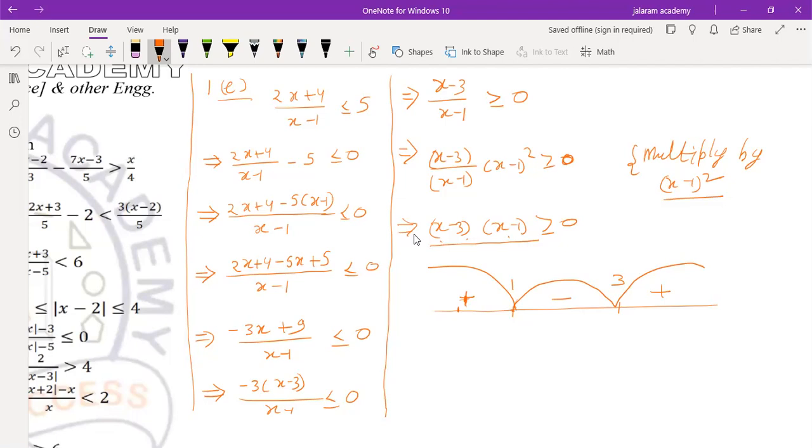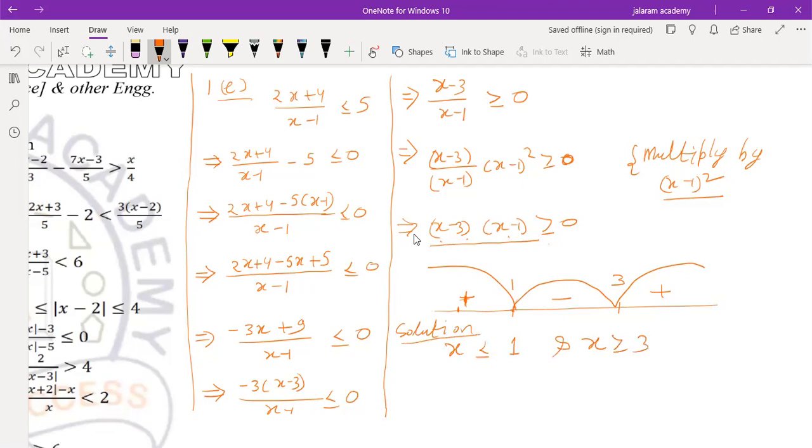So we do not have to check again and again. We will directly write the answer as it must be greater than or equal to 0. Means the answer is when x is less than equal to 1 and when x is greater than equal to 3.